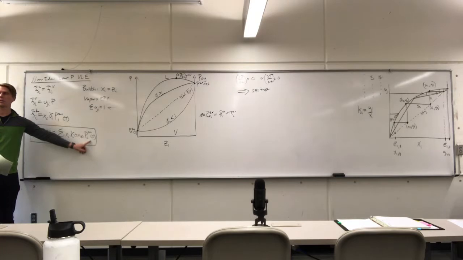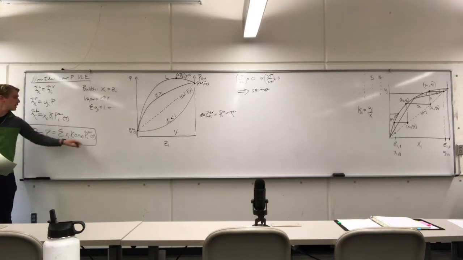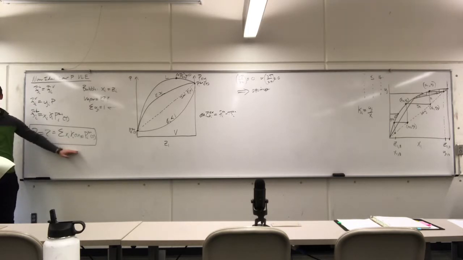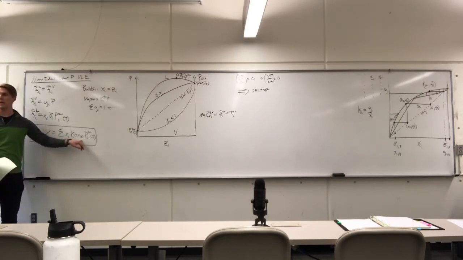The pure fluid fugacity. In this case, we've approximated the pure fluid fugacity as its saturation pressure. All the mole fractions are a function of the composition. All the activity coefficients are a function of the composition. So if I were to take the partial derivative of this expression here, I'm going to have a lot of terms, right? Because I have to have the product rule for every single species in the system.